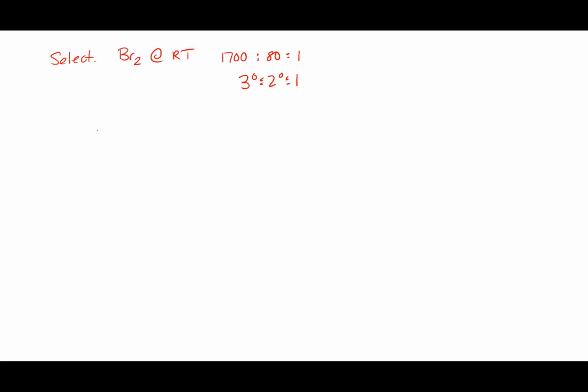But if I took that same butane and I now react it with bromine and light at room temperature, I'm still going to get basically the same products. I'm going to get 1-bromobutane and I'm going to get 2-bromobutane, products A and B.